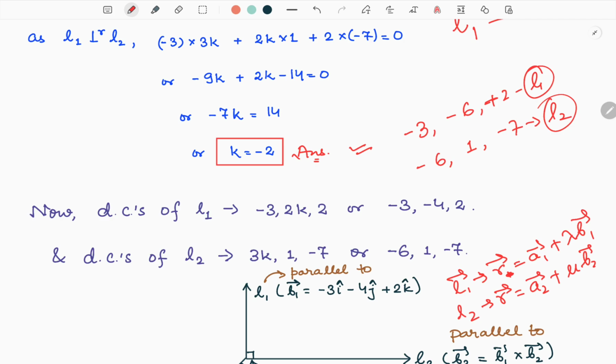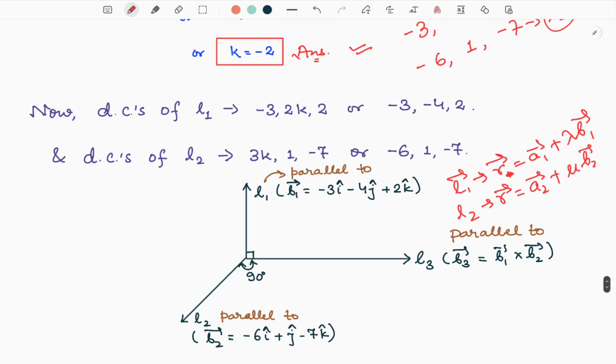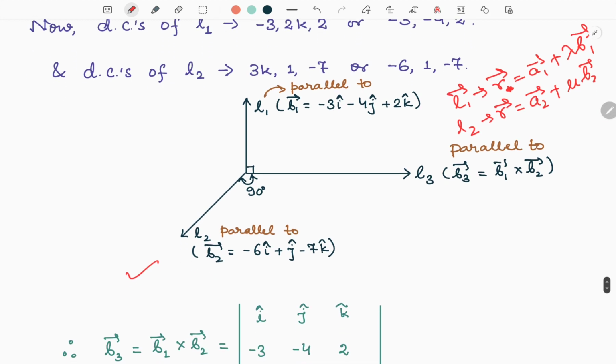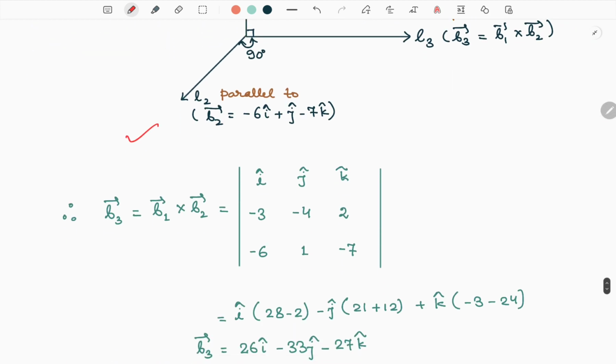Now in the question we are asked to find a third line which is perpendicular to both L1 and L2. So how will we find it? We will first take the cross product of b1 and b2 and then equate it to b3. So that's what I have already done using this figure. So calculate the value of b3 like this.